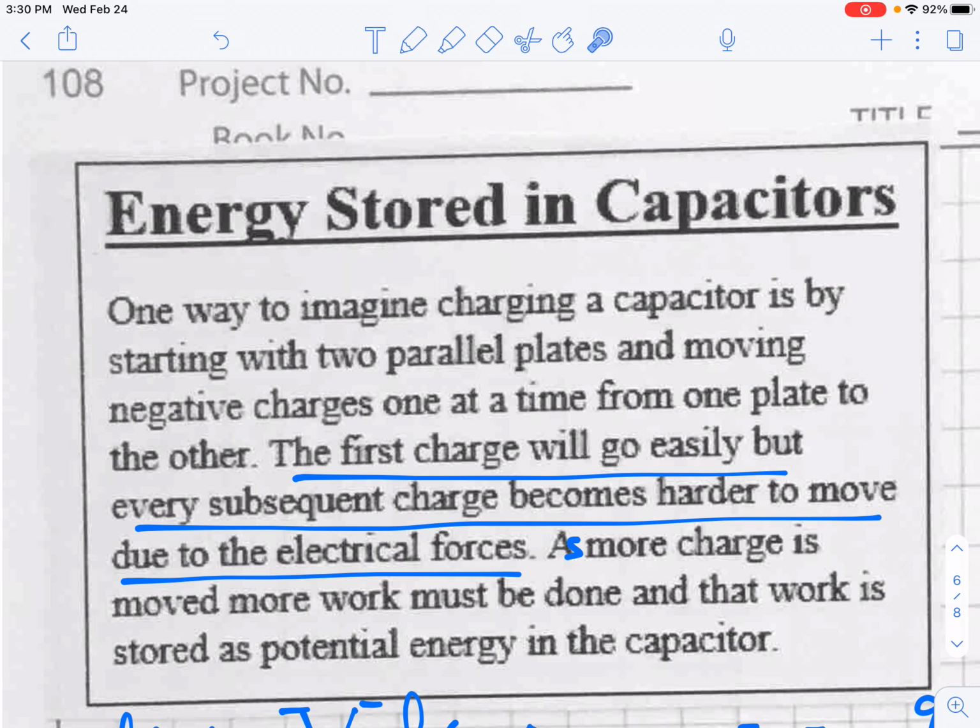But really, all that is taking a different path to get from point A to point B. And we know that the work done against an electric field is independent of path. Just like gravity, it only depends on the difference in height between the starting and the ending, not on the path that you take to get there.